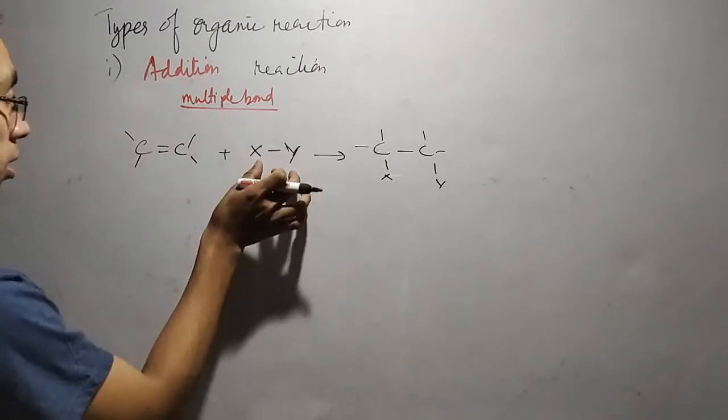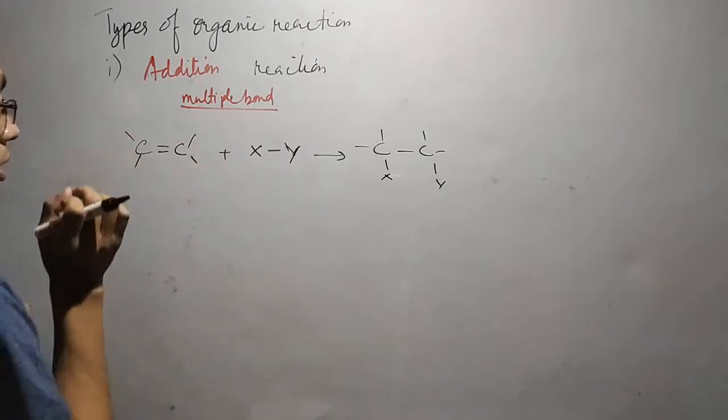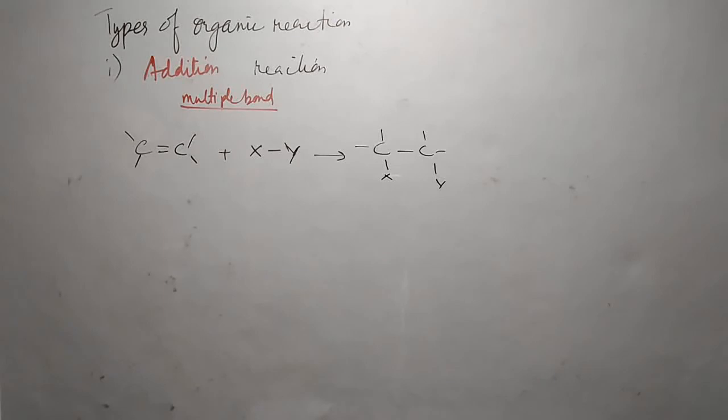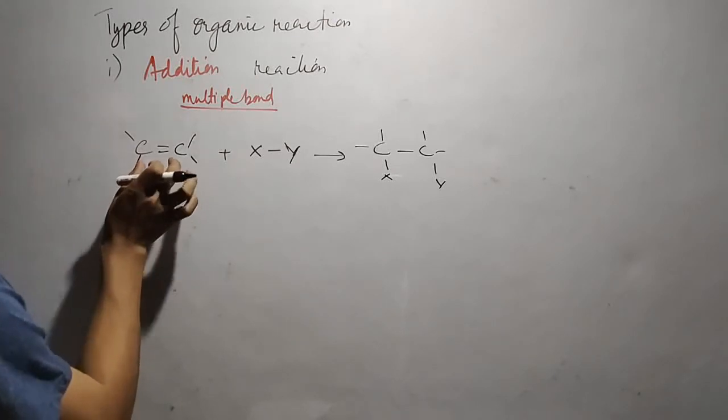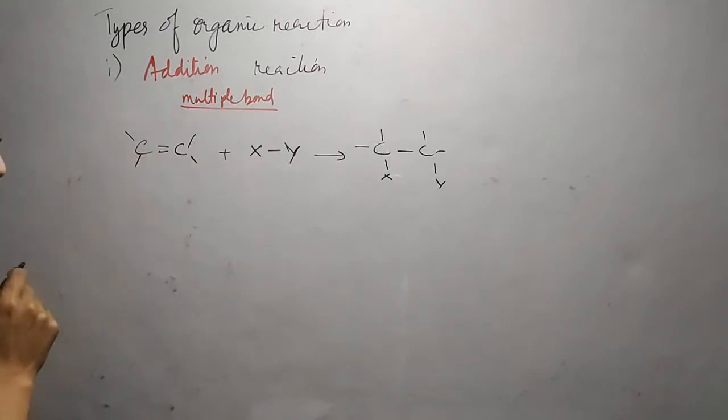X and Y both will be attached to the two carbon atoms. Addition takes place only between carbon atoms having a double bond.